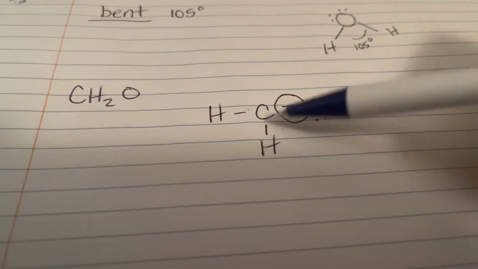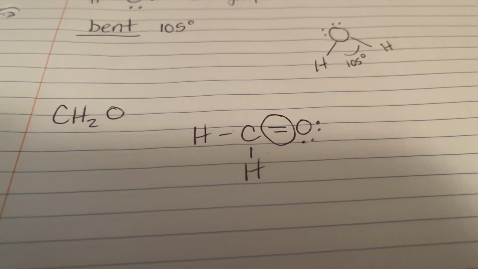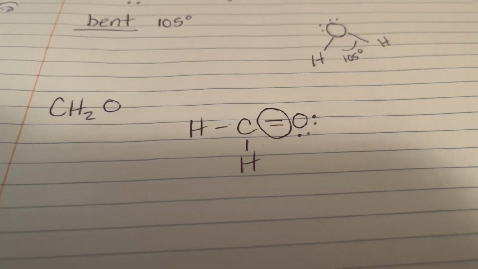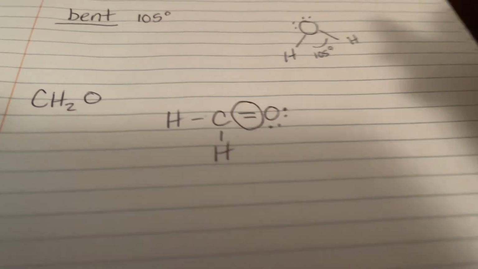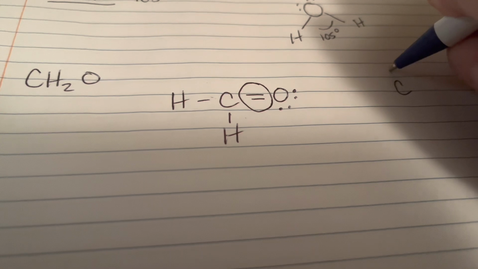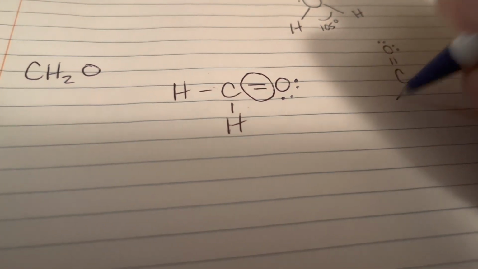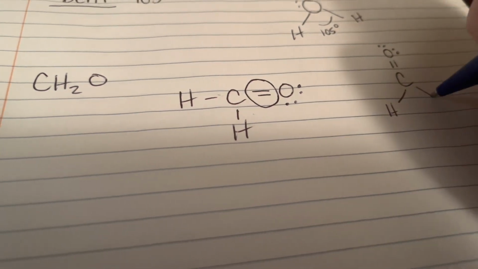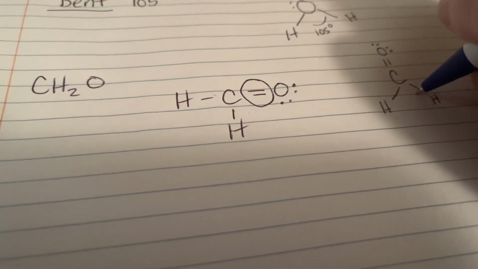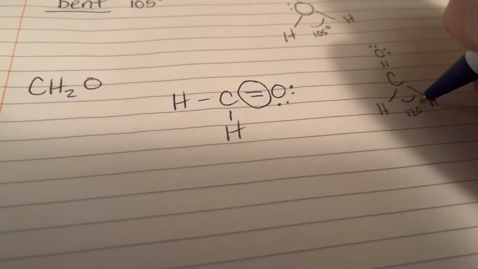Okay, 1, 2, 3. And they're getting as far apart in 3D space as they possibly can. And so, got our central atom. It's going to look something like this. And my angles are going to be 120 degrees.